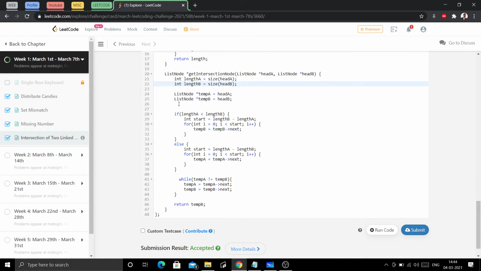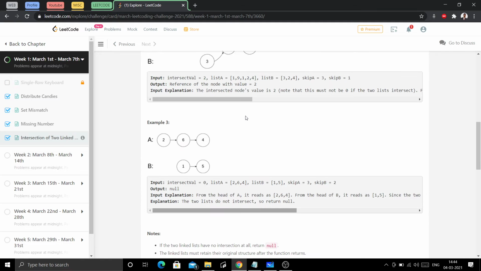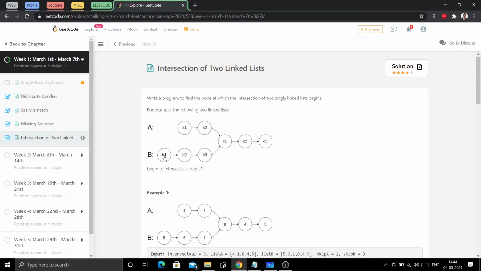Now we take temps to iterate over the linked lists. If A is less than B, then as you can see here, I have iterated over the list until both are at the same level, by length B minus A. Here length of B is 1, 2, 3, 4, 5, 6, and length of A is 1, 2, 3, 4, 5.